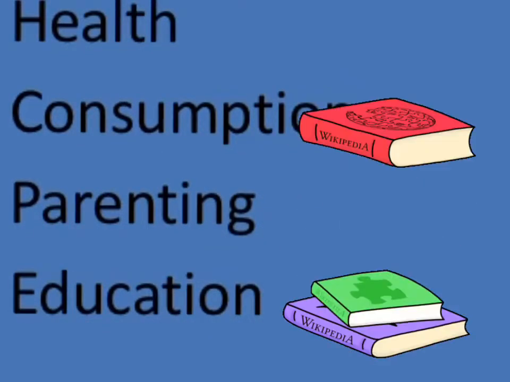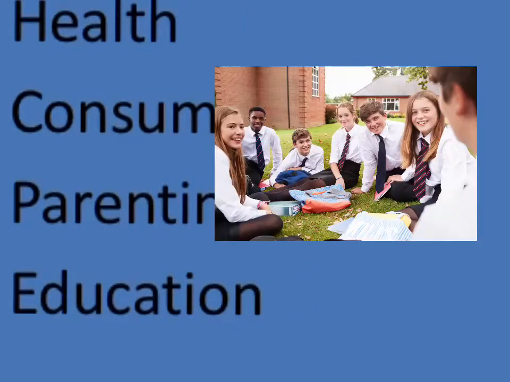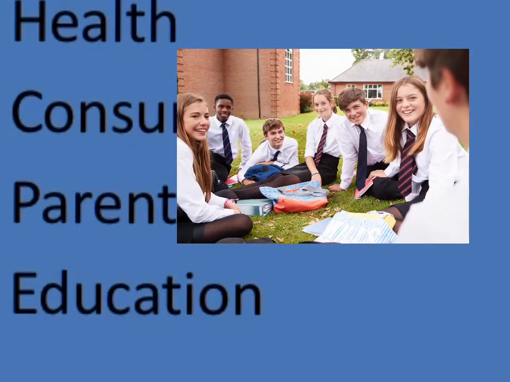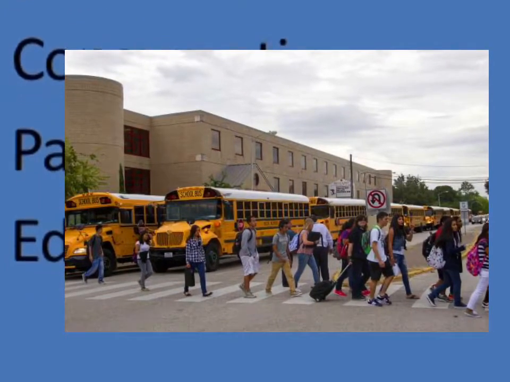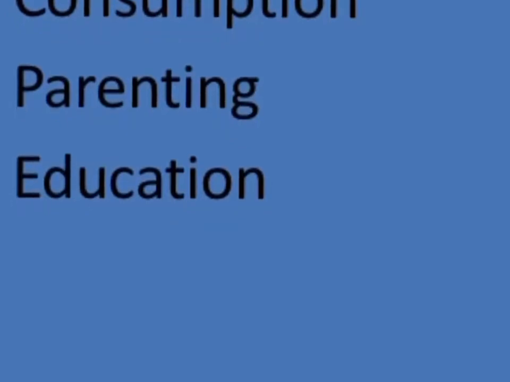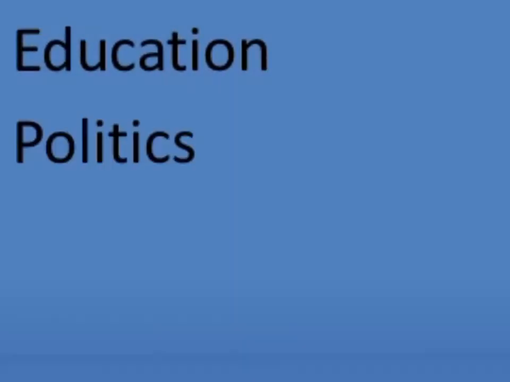Upper class families typically send their children to boarding schools, to private schools, whereas middle class and working class families attend public schools, usually state universities versus Ivy League schools, or not going to a university at all. These are different ways that education functions within social class.